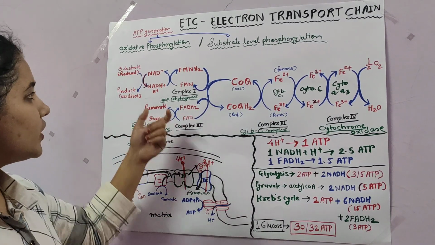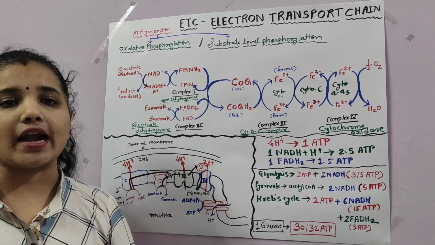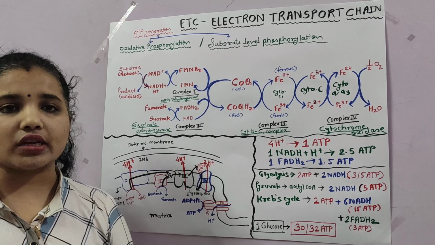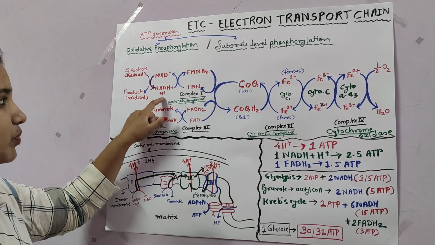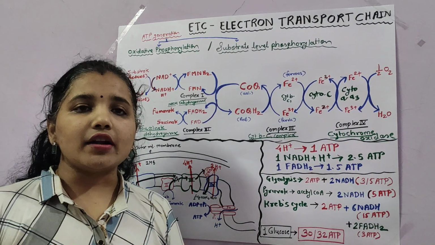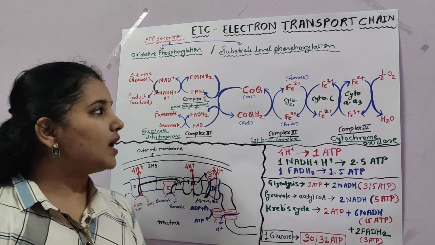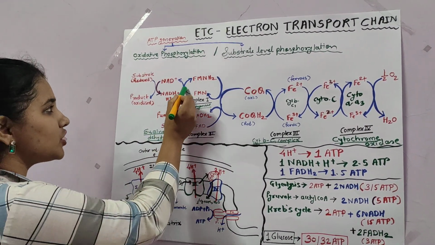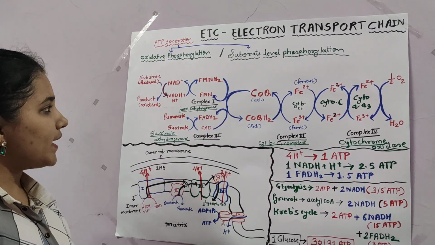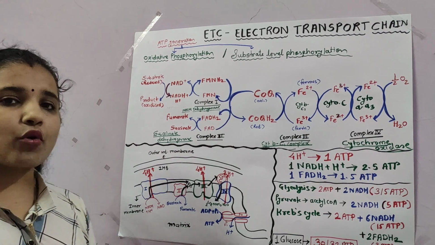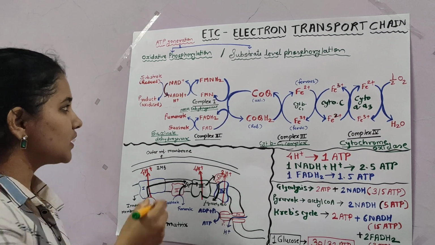These carriers are divided into four complexes, total four complexes. First complex of this electron transport chain is NADH dehydrogenase. As the name implies, it dehydrogenates NADH plus H plus, means it removes the hydrogen ions from the NADH plus H plus, and hence converts NADH into NAD plus.